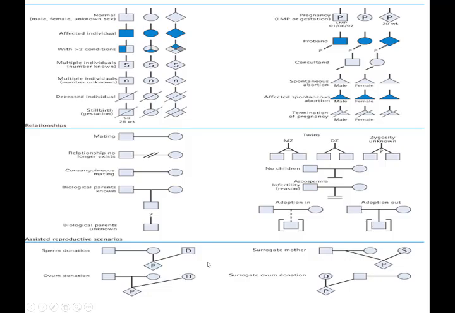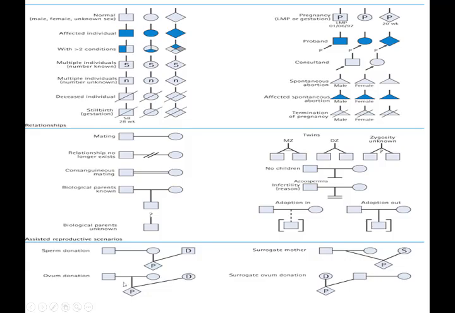I wanted to show you how you draw sperm donations, where maybe the guy who married the lady here has azoospermia, doesn't have sperm, and they will have a child using sperm from a donation bank, and the child is grown in the uterus of the lady in the marriage.